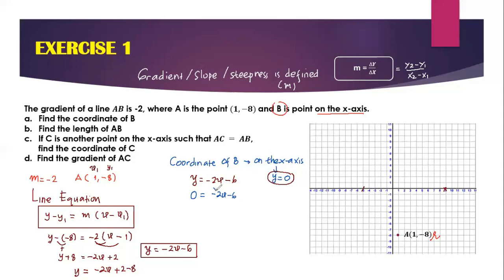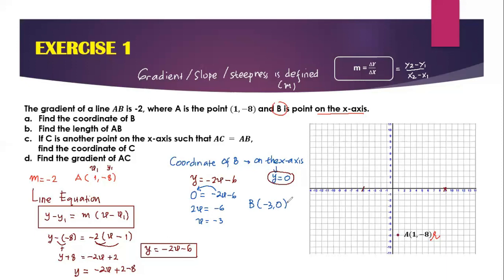Then minus 2x goes to the left side: 2x equals minus 6. So x equals minus 3. So the coordinate of B is (-3, 0). Is it clear to you?